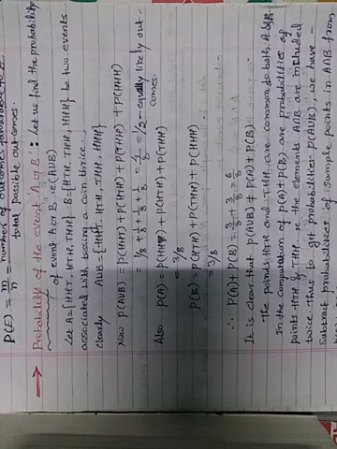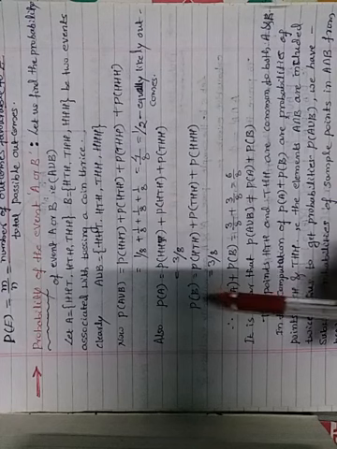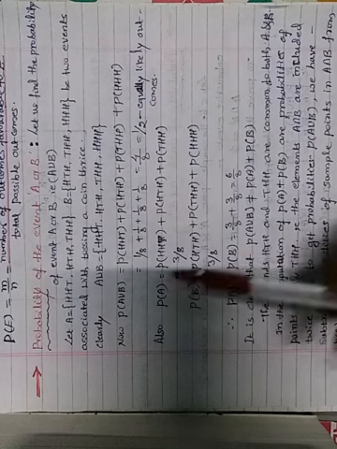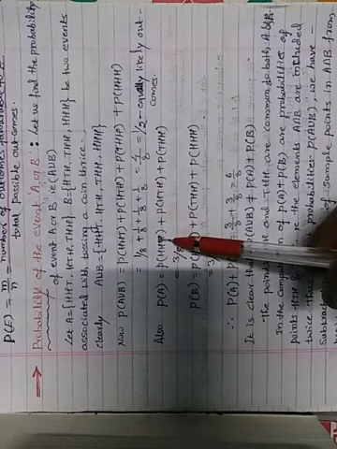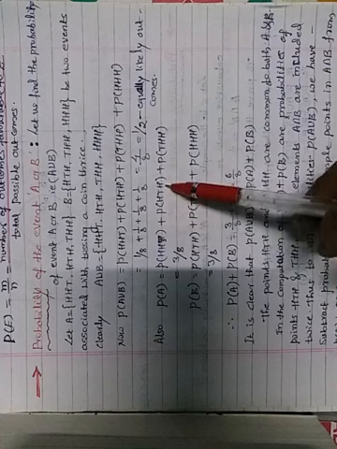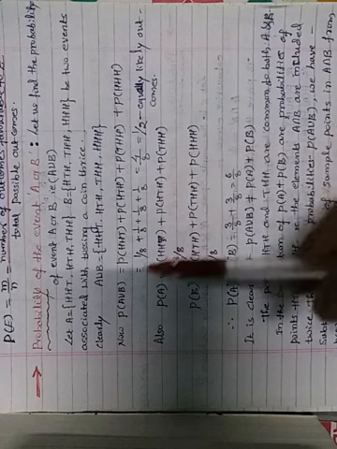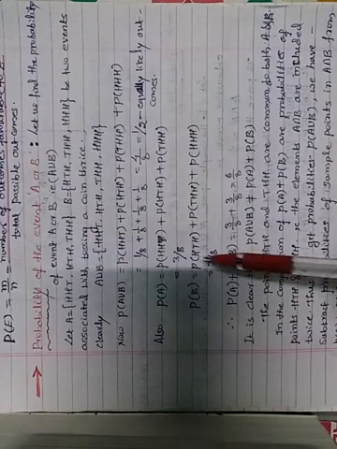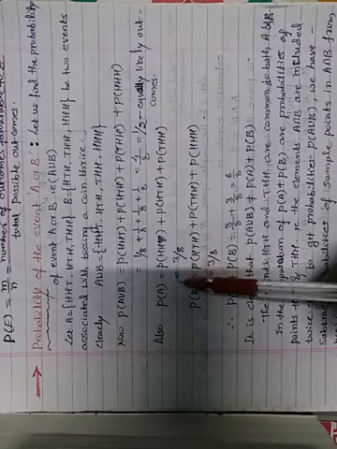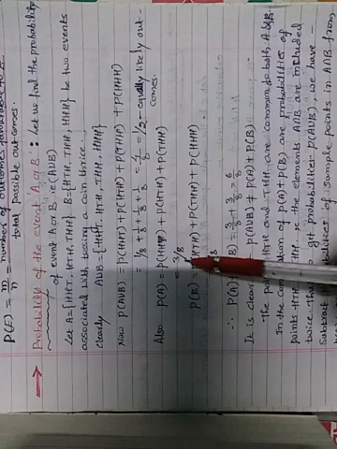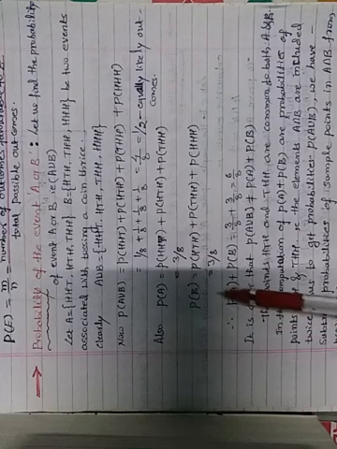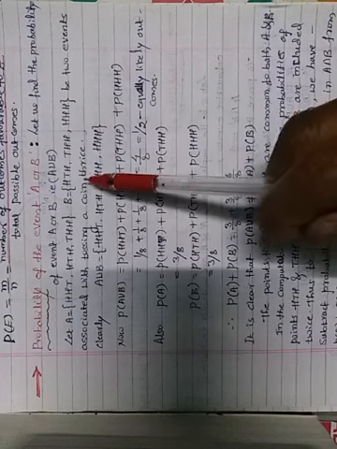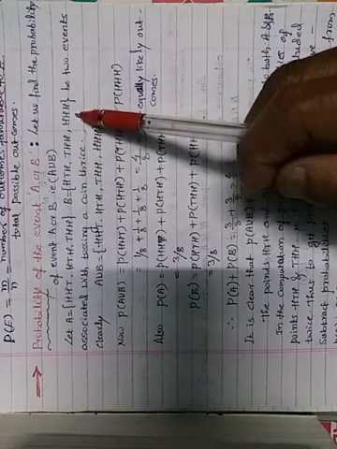Then we also have to find the probability of set A: P of HHT plus P of HTH plus P of THH, because three outcomes belong to the set A. Then the total probability of set A is 3 by 8. Similarly, in the set B there are three outcomes.